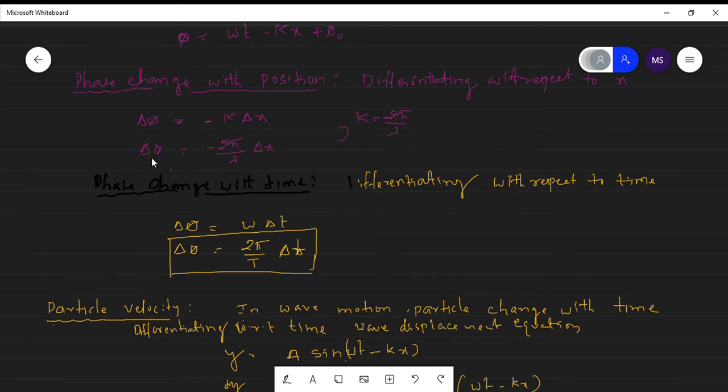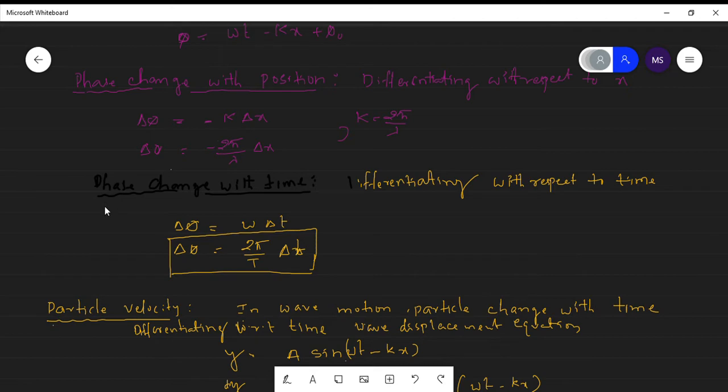So the phase angle is equal to the modulus of delta phi, which is the modulus of 2 pi by lambda into x. This equation is very useful to convert the displacement of the wave into the phase angle.